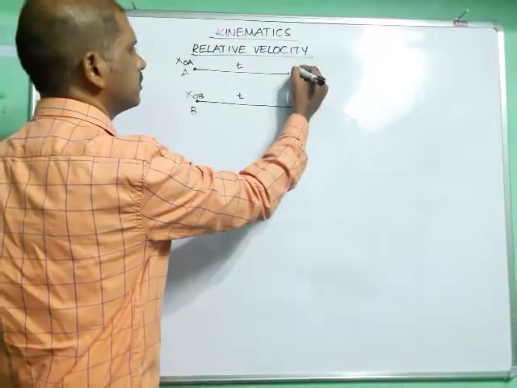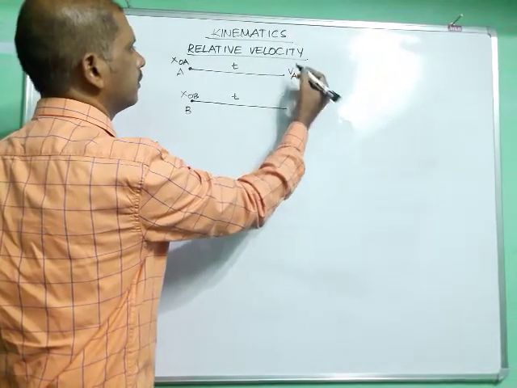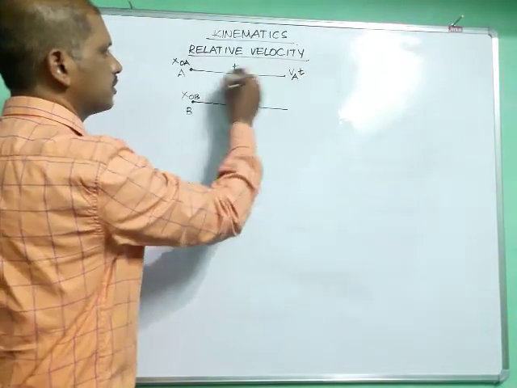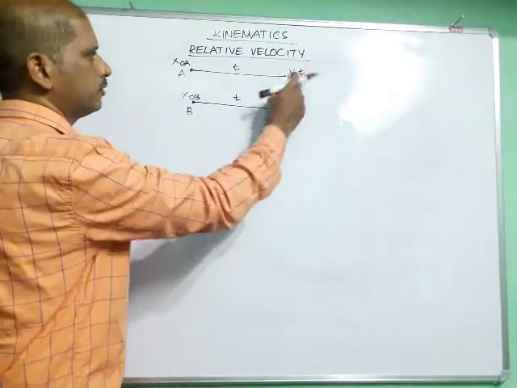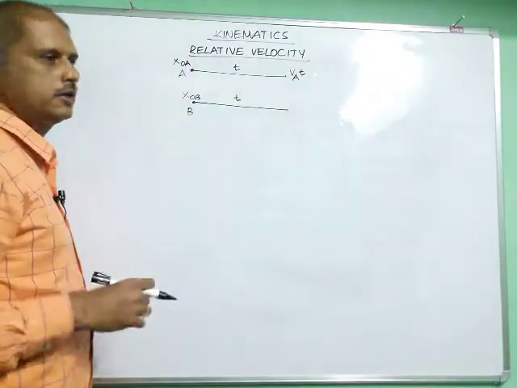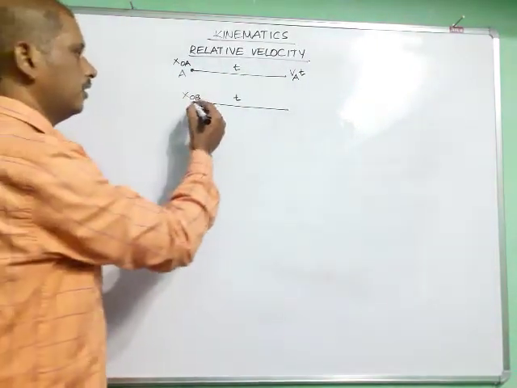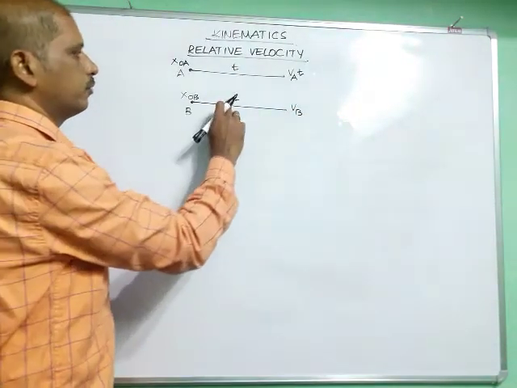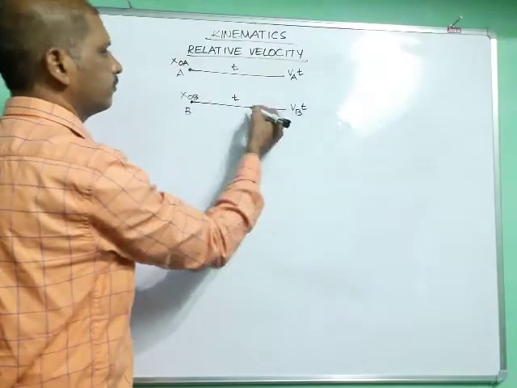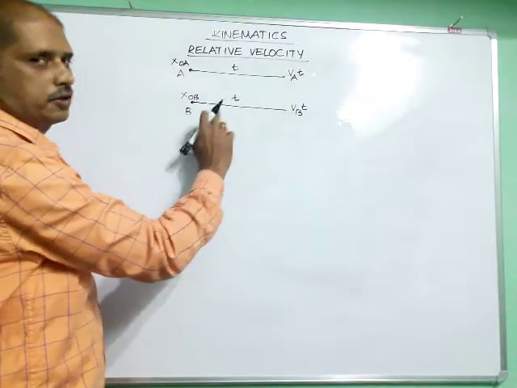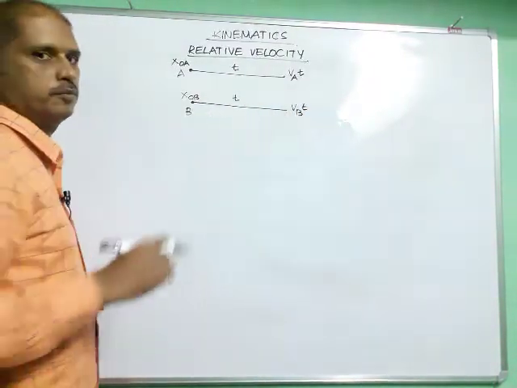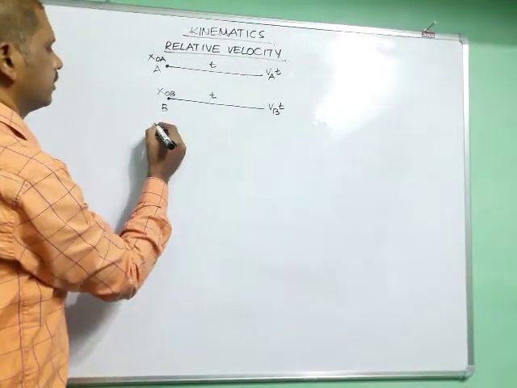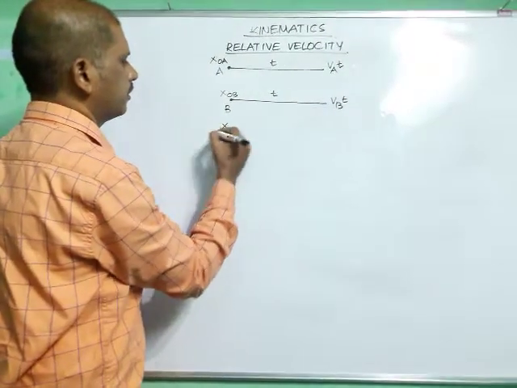So here VA is the velocity of object A, and VA into T is the distance traveled by object A, because velocity into time gives the distance traveled. Here also VB is the velocity of object B. If you multiply with time T, you get the total distance covered by object B. Now let us see the position XA.